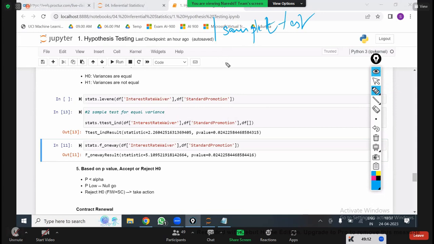Sir, analyzing two or more continuous variables to check whether their variances are equal or not.